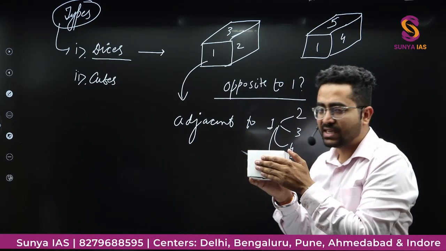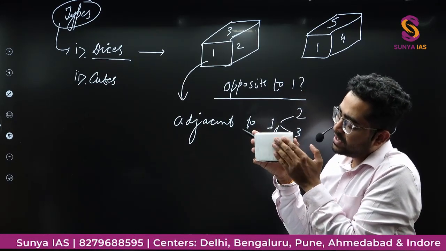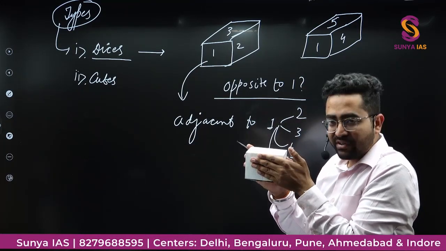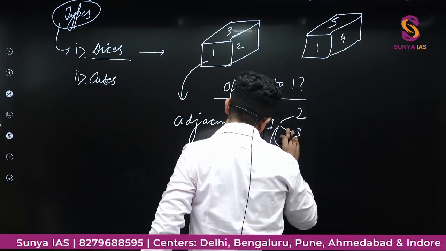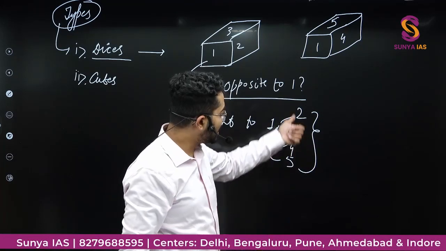And for one face there can be how many adjacent faces? For one face how many adjacent faces? 1 2 3 and 4. For one face 4 adjacent faces and 1 opposite face. So here you can see that these are 4 adjacent faces, so definitely these 4 are not opposite.